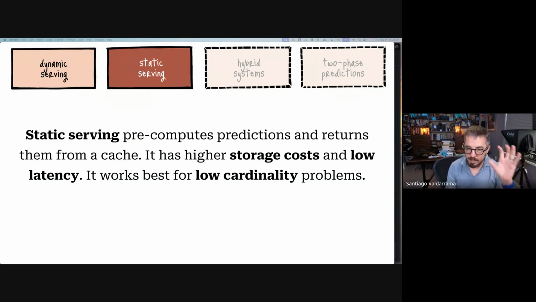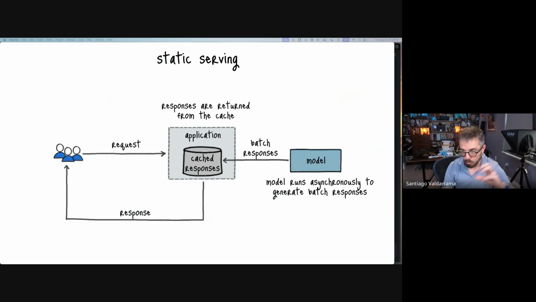Obviously, static serving only works for low cardinality problems. That means problems where the number of combinations, the options, are low.